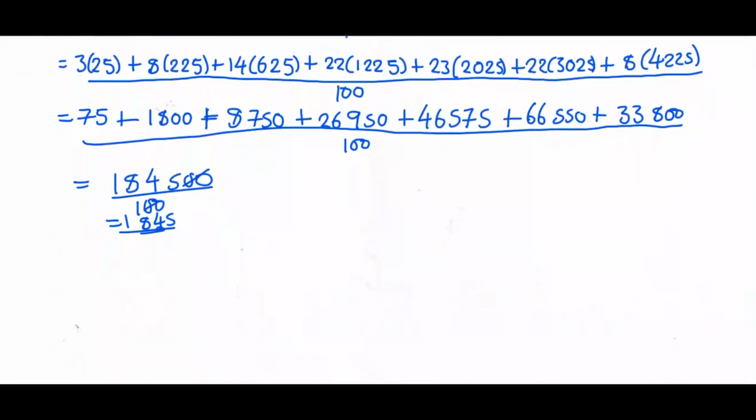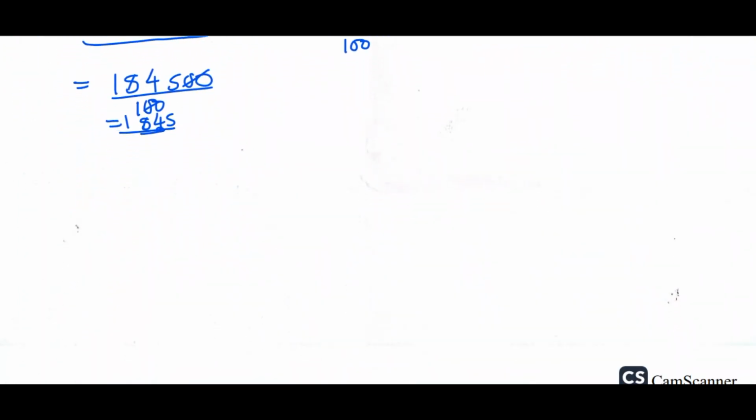So now we can finalize our answer. We know that the standard deviation is equal to the square root of the summation of f of x squared over the summation of f, minus the mean squared.